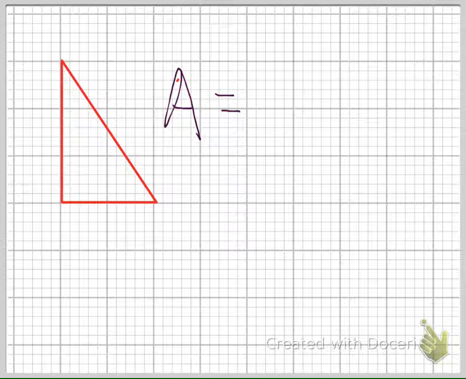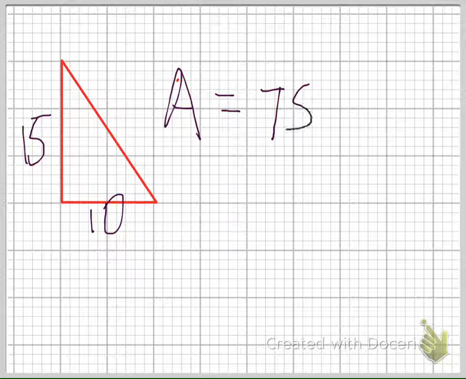So this area is 10 by 15. Multiply 10 by 15, you get 150. So that would be 75, or half of 150.